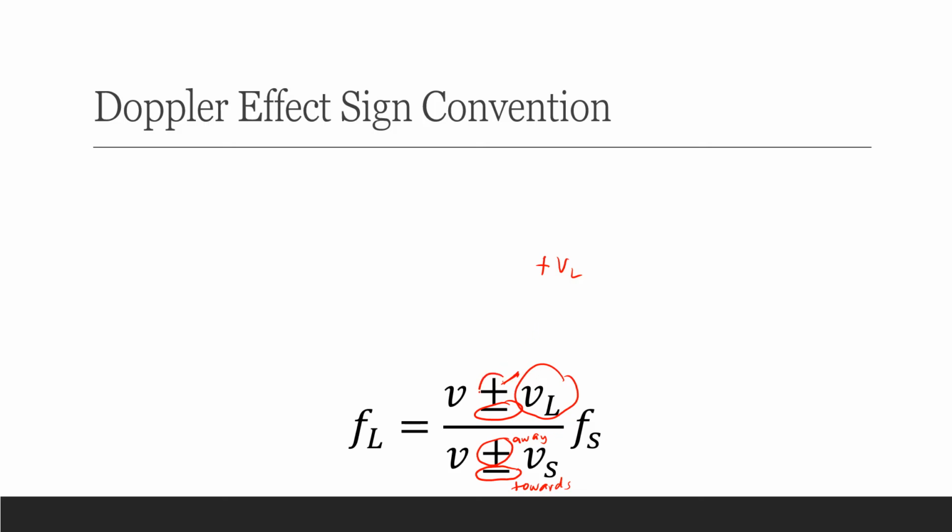Again, for VL, plus means moving towards the source and minus means moving away from the source. So, towards plus, away minus. In the denominator, plus means away from the listener and minus means towards the listener, and that's the sign convention for the Doppler effect.